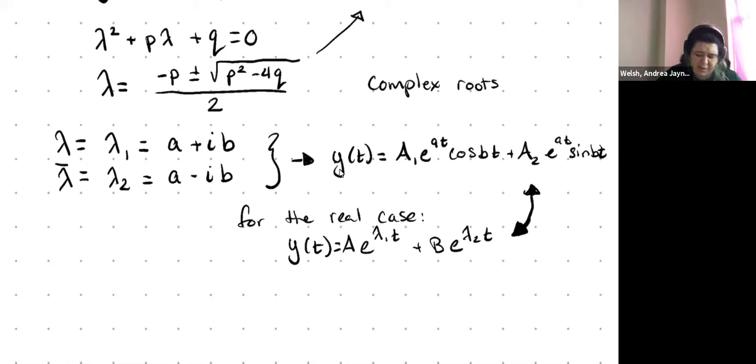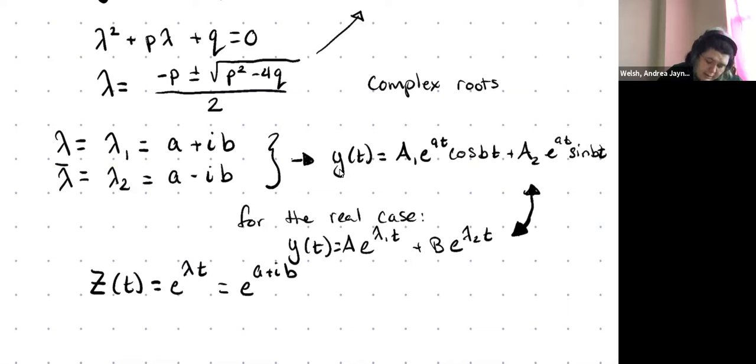If we follow the same logic that we did for the real case, we can say that solutions look like z(t) = e^(λt). In this case, lambda is the complex number, so e^((a+ib)t).